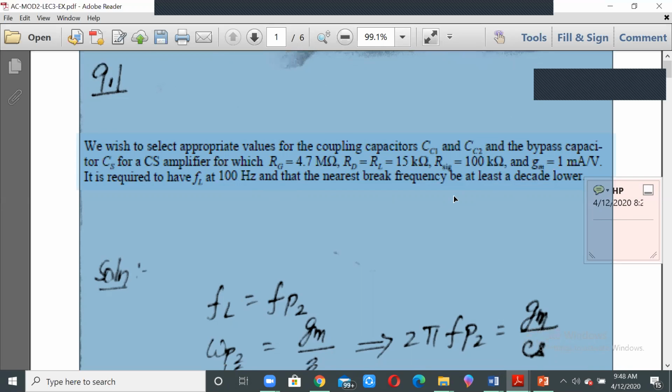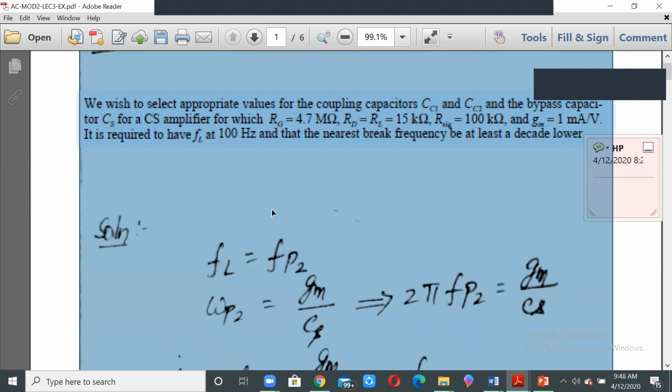So taking up this problem, we know that fL is equal to fP2. So the second pole is the dominant pole. We have already discussed in the class that the second pole is the dominant pole. Hence, fP2 is equal to fL. For ωP2 we have gm by CS, and ωP2 is nothing but 2π fP2, and that is equal to gm by CS.